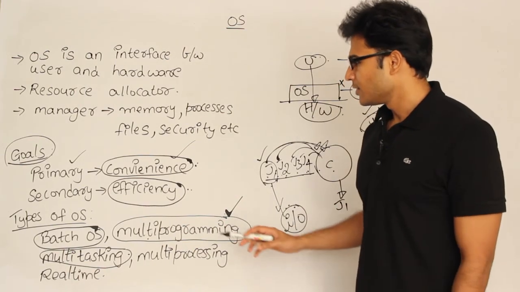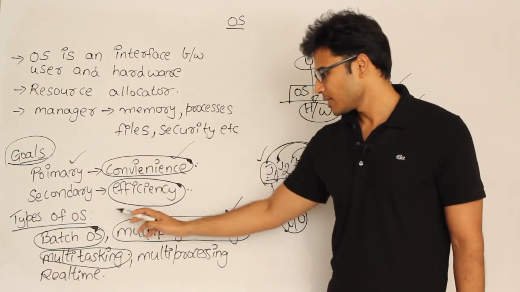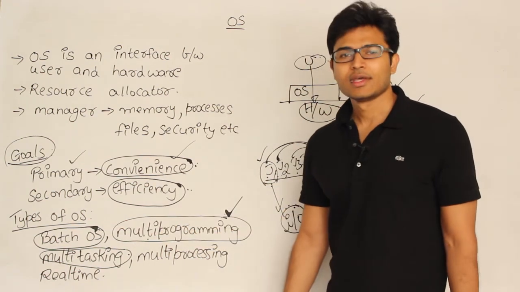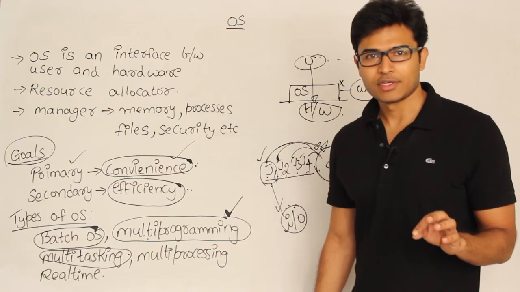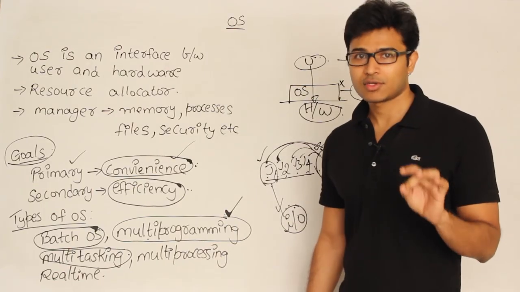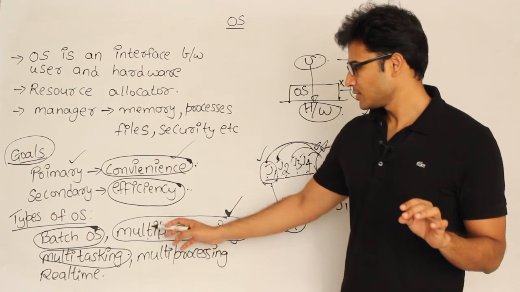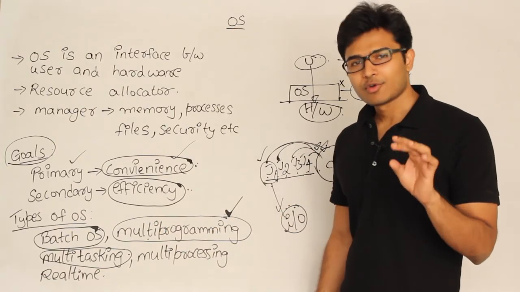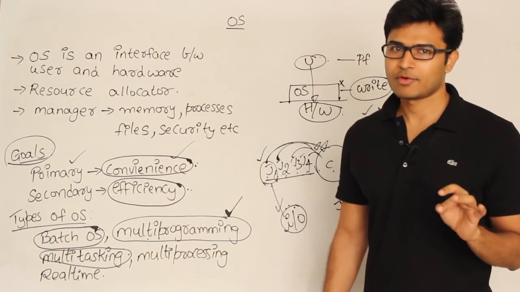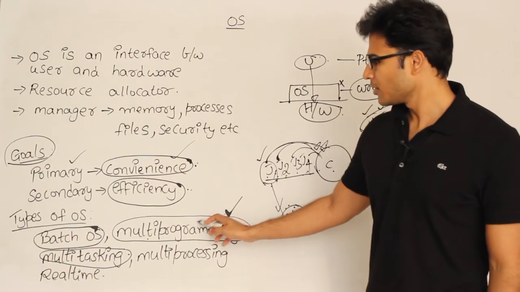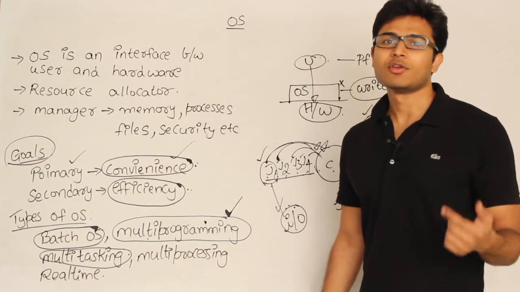So anyway, the main difference between the batch operating system and multi-programming or multitasking is that in a batch operating system there is no interactivity, there is starvation, and the main problem is the CPU will be idle some of the time. Either you use multi-programming or multitasking, the CPU will not be idle.